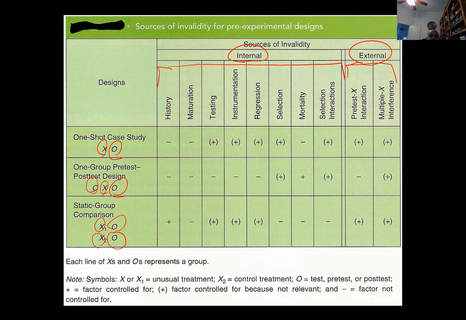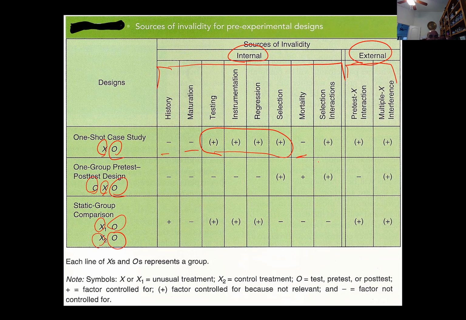So this is good. A lot of things are controlled for here, but this one falls short in terms of history, maturation, and mortality, right? Because there is no pre-post. So the history, maturation, and mortality, you can't measure those. You don't know the effect of those because you only had essentially one exam.